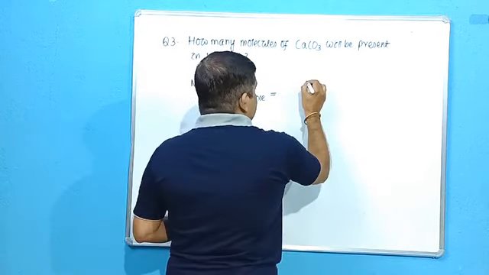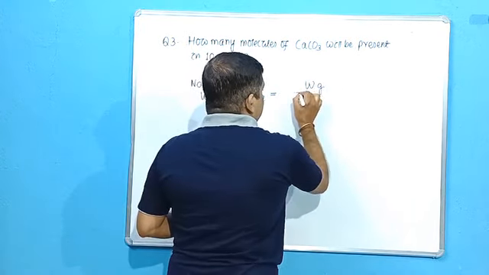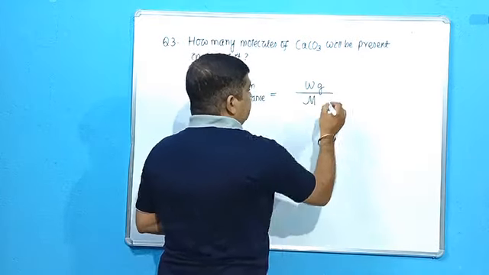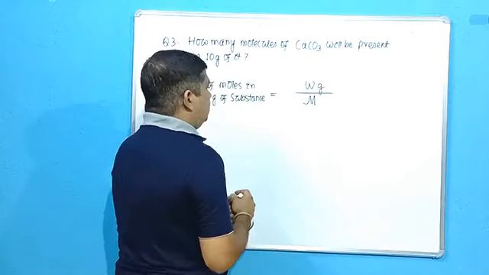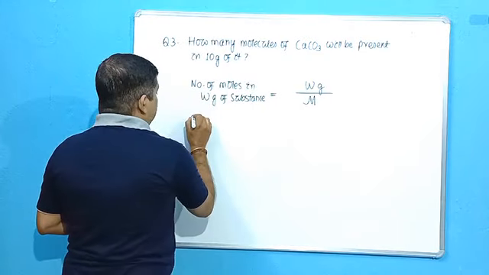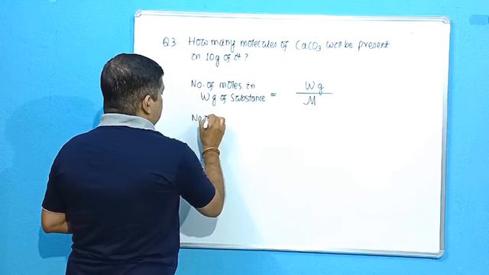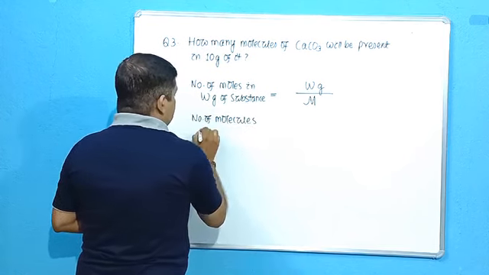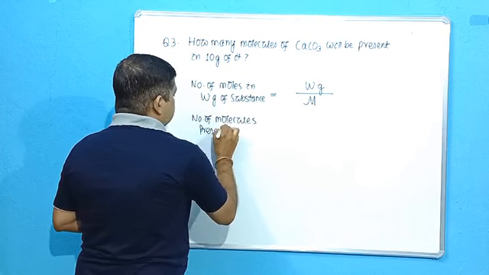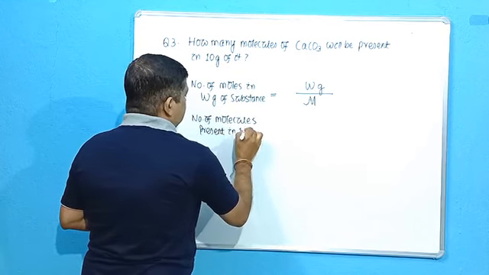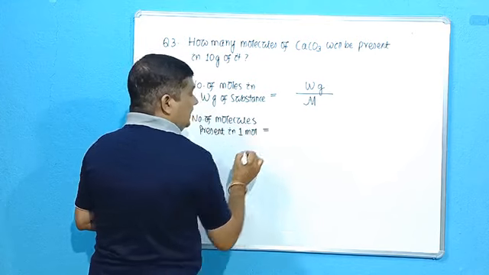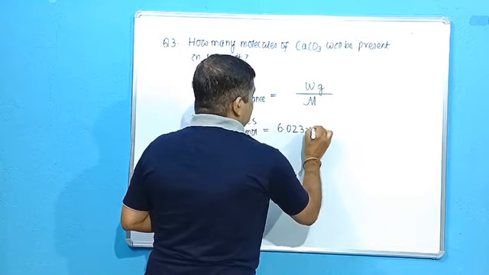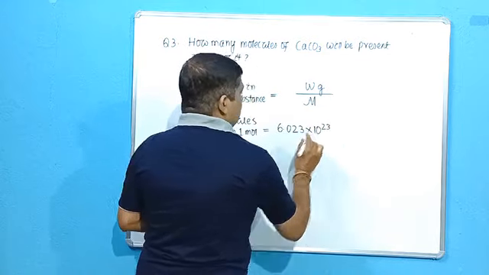Given mass W gram divided by molar mass gives you the number of moles. Then the number of molecules present in 1 mole: 6.023 into 10 to the power 23 molecules will be there in 1 mole.